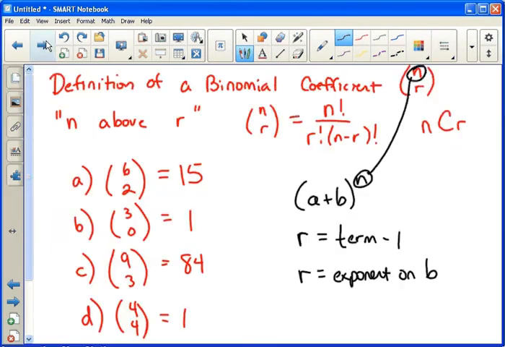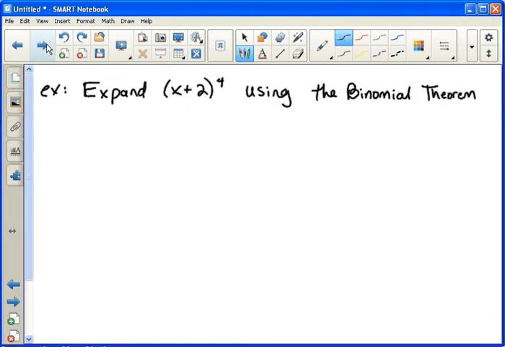Okay, so let's apply this and actually expand this using the binomial theorem. Now you could do this using the old algebra rules where you would just FOIL over and over and over and over. But that takes a long time. Now I know this may feel like it's long, but compared to having to FOIL and simplify, it's actually not all that bad. So let's just start with our coefficients.